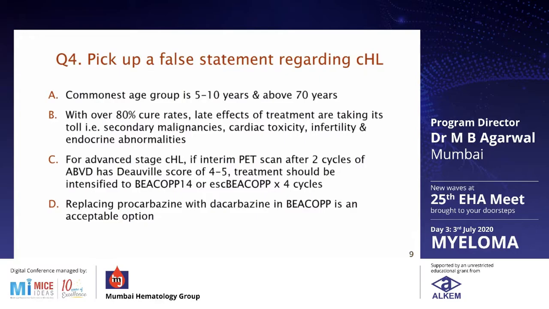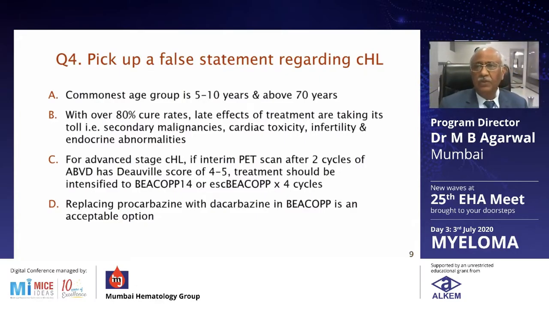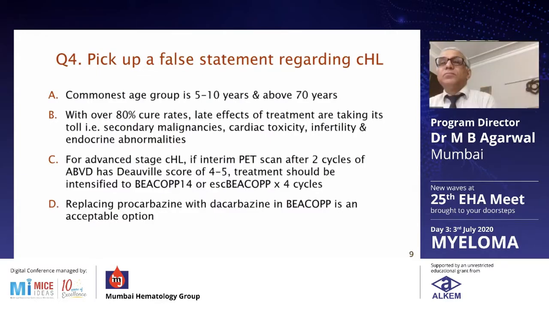So, continuing our MCQs on Hodgkin lymphoma. Once again, three statements are true and one is wrong. You have to pick up the wrong statement. This time, Kalpesh has not shown you the answer, so I don't expect a single bar. So, the first one is commonest age group for the classical Hodgkin lymphoma.